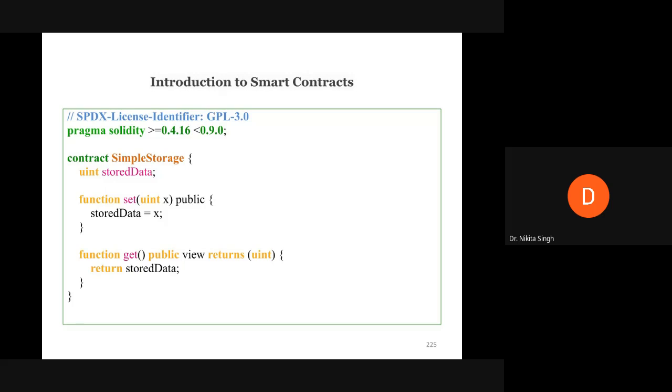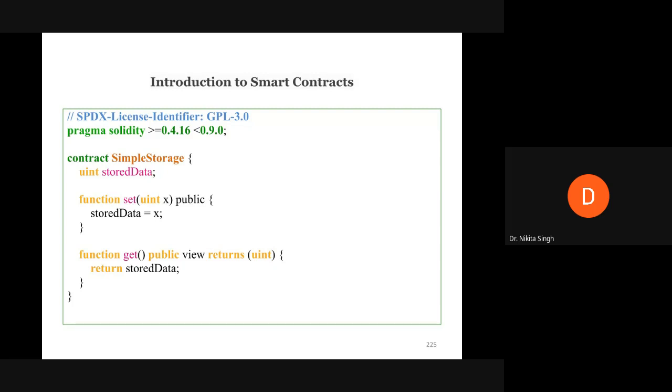So you create a smart contract, you deploy it on the Ethereum blockchain, and anyone can use that smart contract by initiating transactions, and the smart contract would be executed. Now here this contract is not doing much apart from allowing anyone to store a single number that is accessible by anyone in the world.